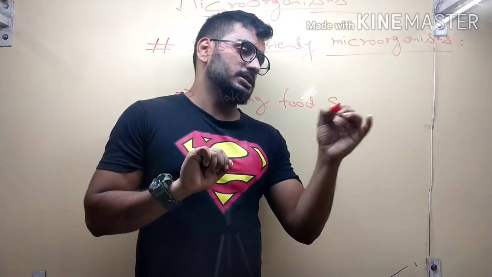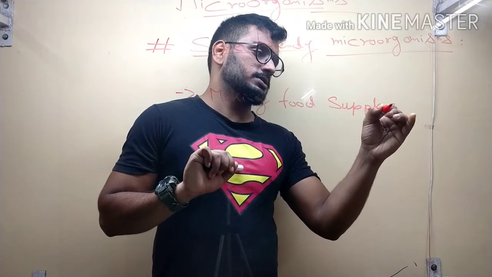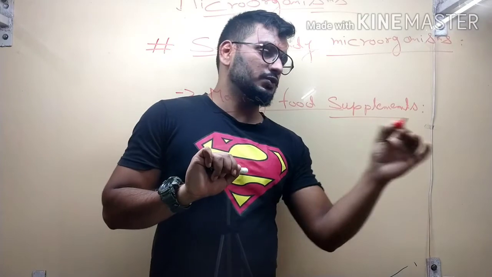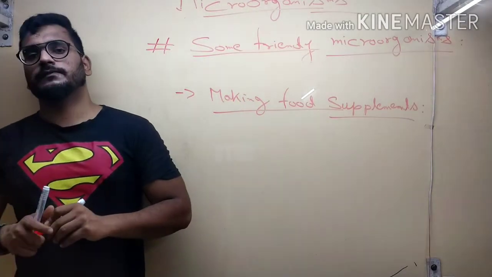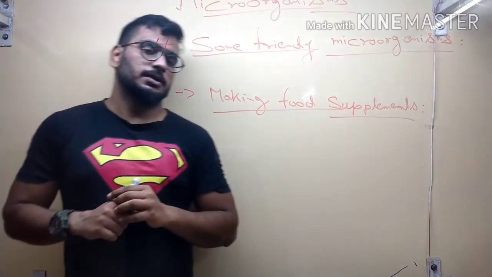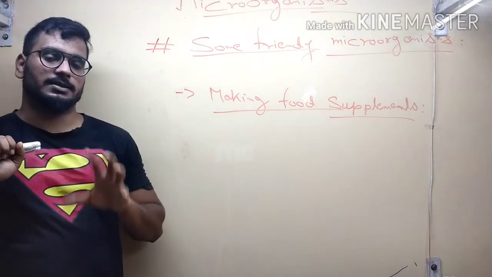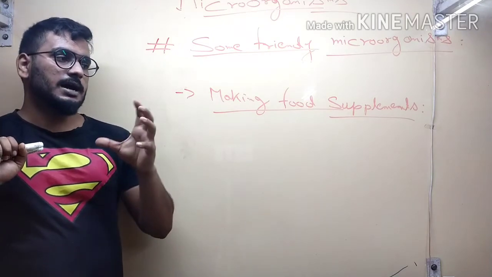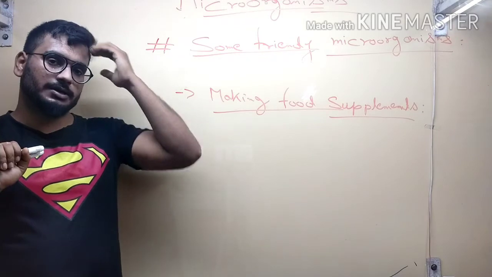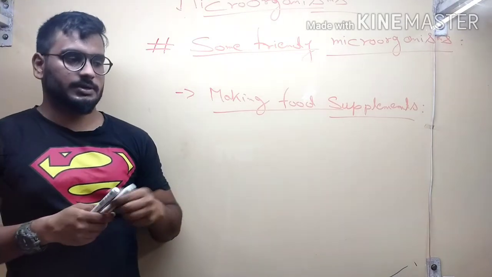Microorganisms are also used for making food supplements, or you can say health supplements. We use vitamin tablets and many other types of tablets to enhance our health, our eye quality, or the hair quality. So write about this.